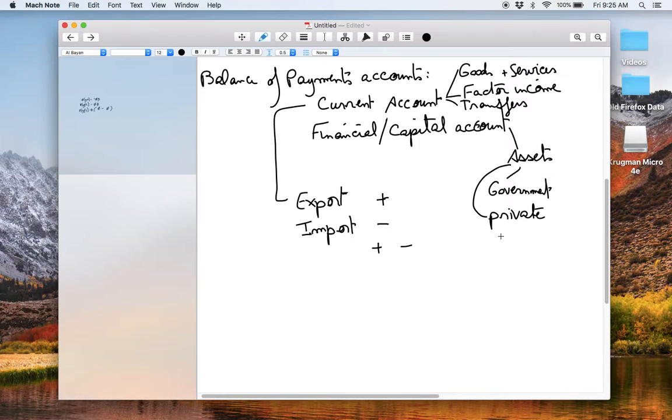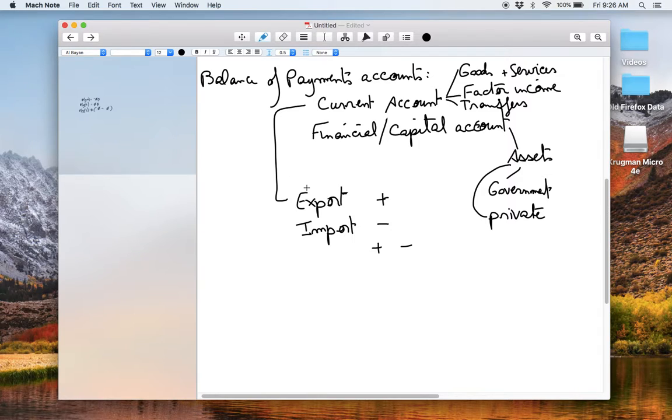Since my money is leaving my country, that's a negative in the financial account. If foreigners buy stock in the US market, that's a plus in the financial account. Also, any kind of investment you undertake in another country, that would be a minus. Any kind of investment foreigners make here, that's a plus.